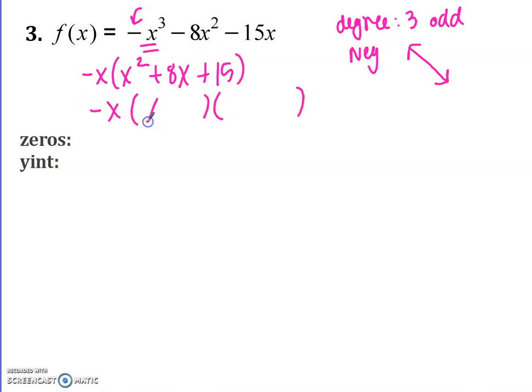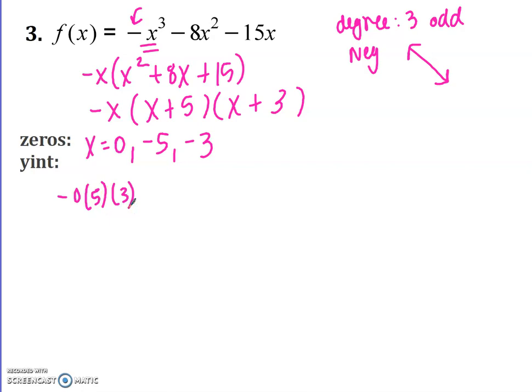The 2 numbers that multiply to get 15 and add to get 8 are 5 and 3. So now here's an easy way for me to find my zeros. My zeros are x equals 0, negative 5, and negative 3. My y-intercept is 0 times 5 times 3, which is just going to give me 0, 0.